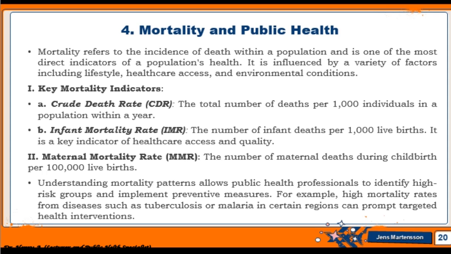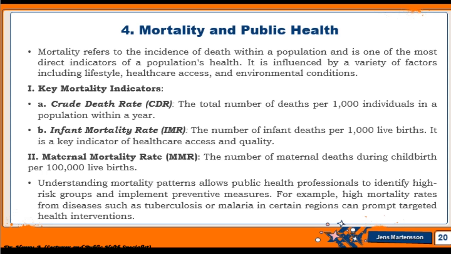So by analyzing mortality trends, public health professionals can identify risk factors and high-risk groups, allowing for targeted interventions such as the use of vaccination programs, maternal health initiatives, and policies addressing lifestyle diseases like cancer, heart diseases, and also diabetes.